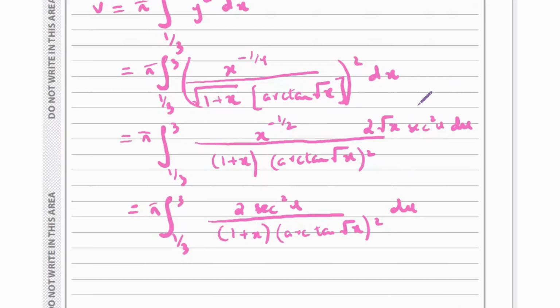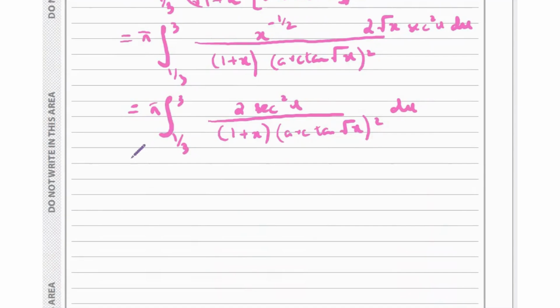Now we know that tan u equals root x, so u would equal arc tan of root x. So we can easily replace this with u. So 2 secant square u over here.